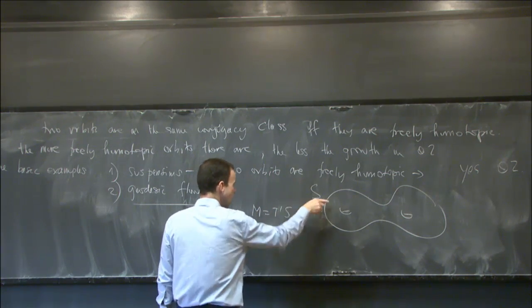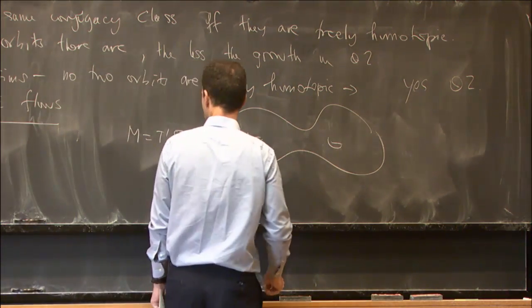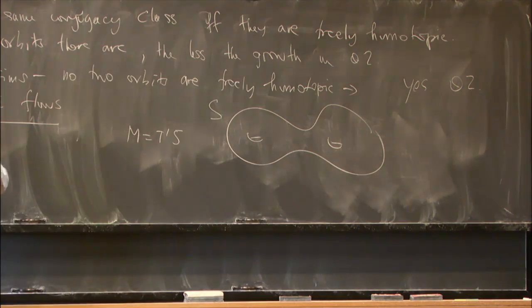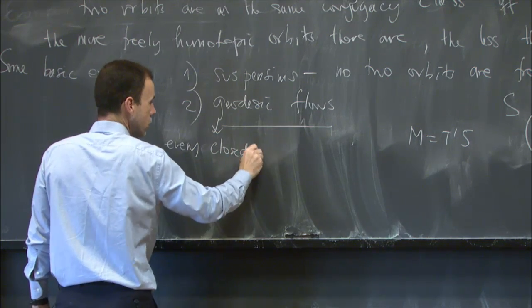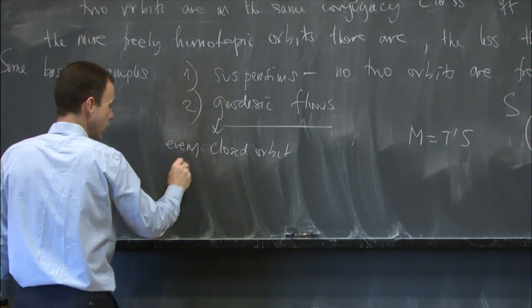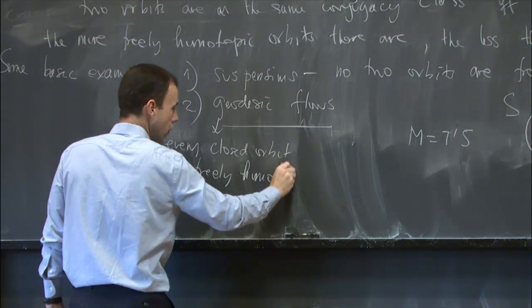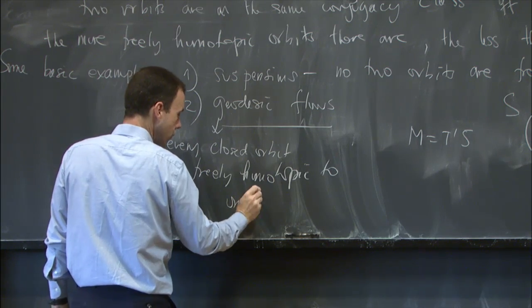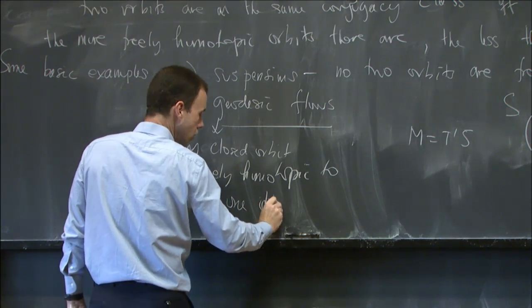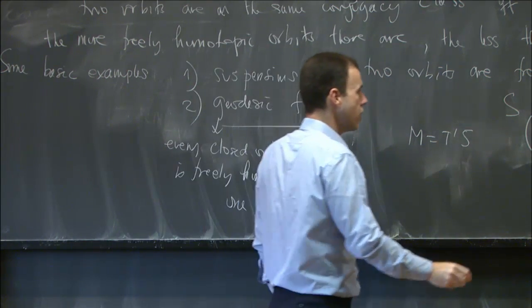As a matter of fact, a lot of times I'll just do stuff in the surface and refer to some fact about the geodesic flow in the three manifold. Okay? So now here in the geodesic flow, every closed orbit is freely homotopic to another orbit, and there's only one other. And it's very simple to see.